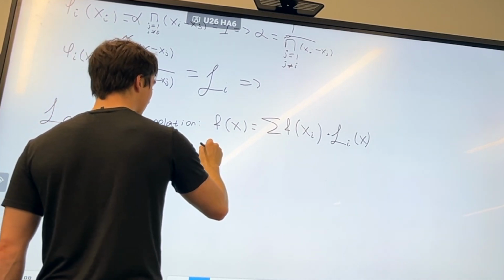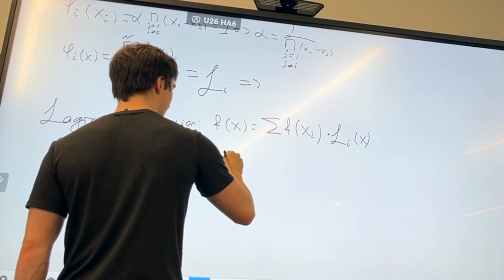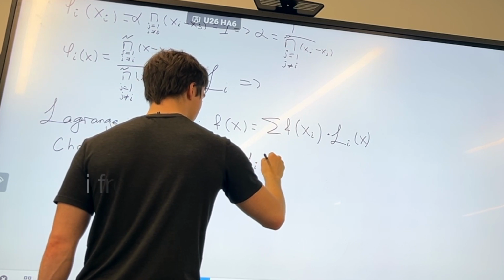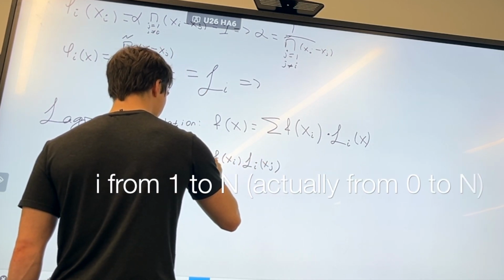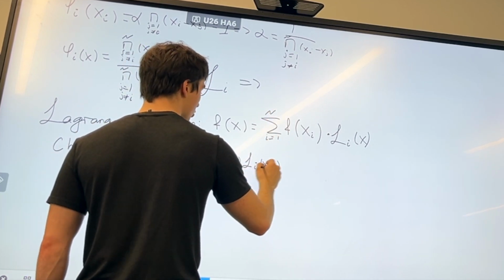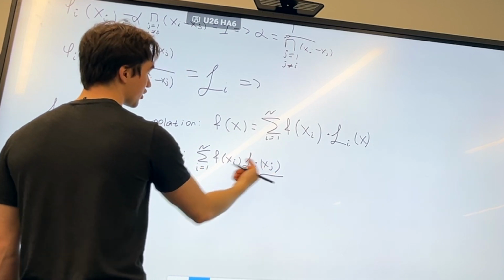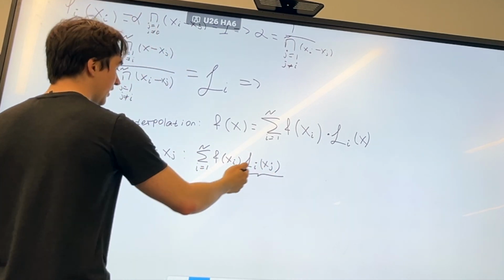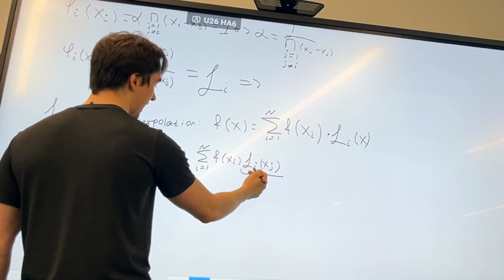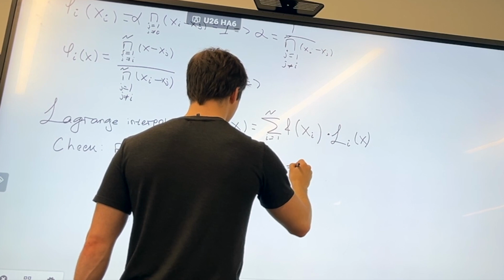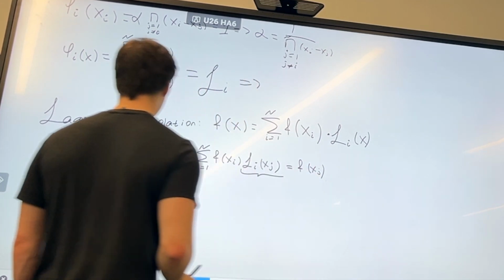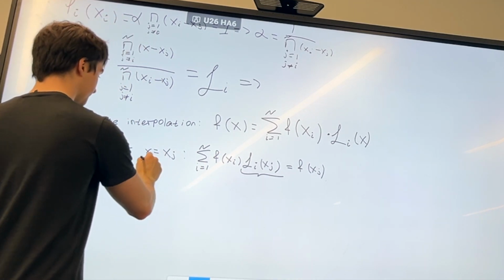What do we get? We get the sum over i of f of xi times Li of xj. And we know that our Lagrange basis function will be equal to exactly 1 only at i equal to j, and it will be equal to f of xj, as we want.